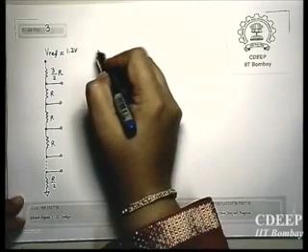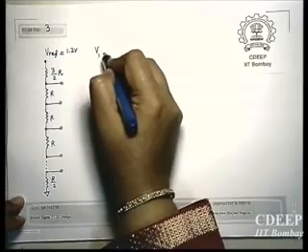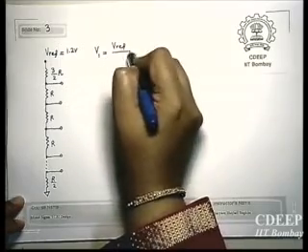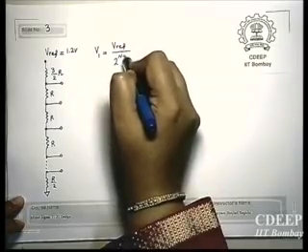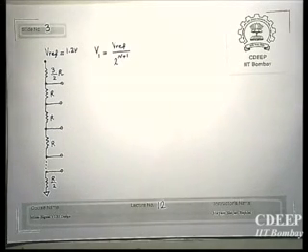So the first level, V1, was Vref by 2 to the power n plus 1, right? Because it was half LSB, if you look at the ideal characteristic of the ADC. So therefore we will get 2 to the power n plus 1.